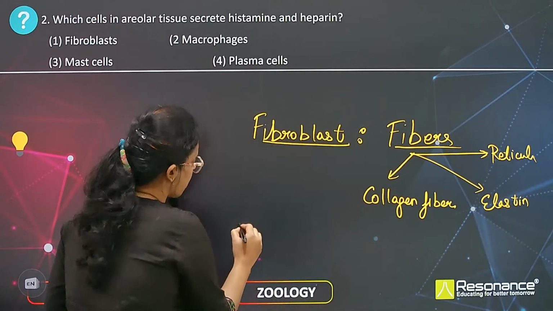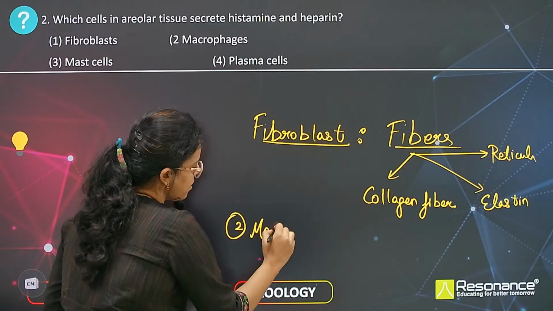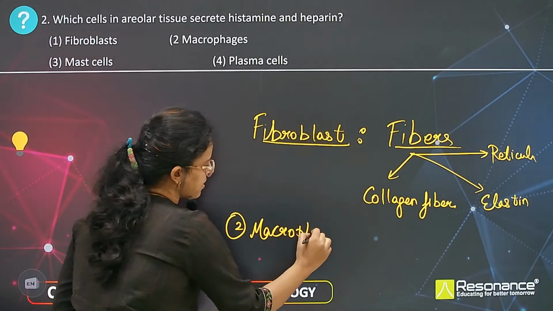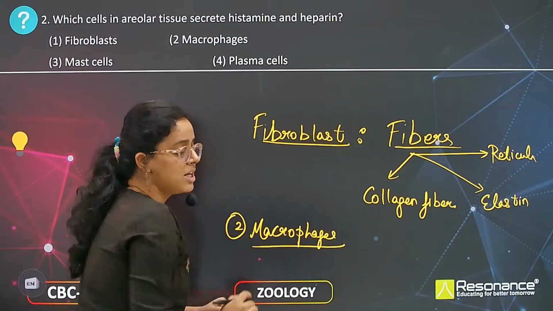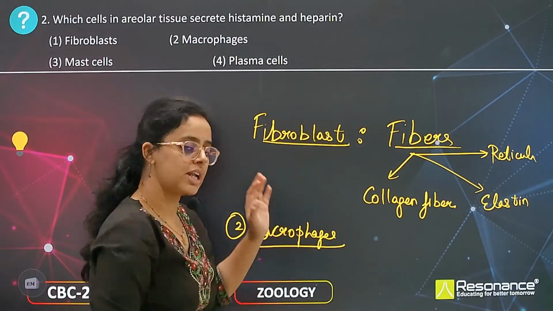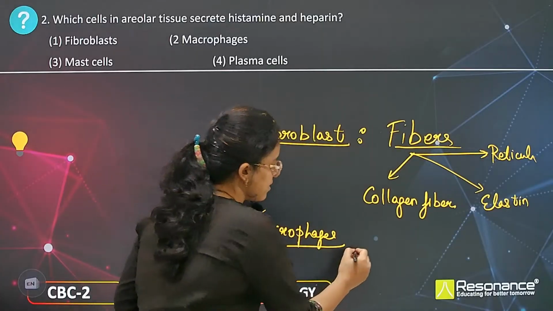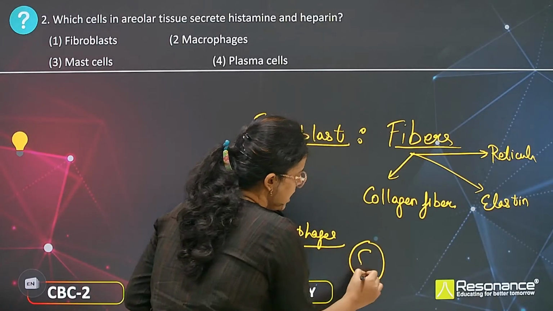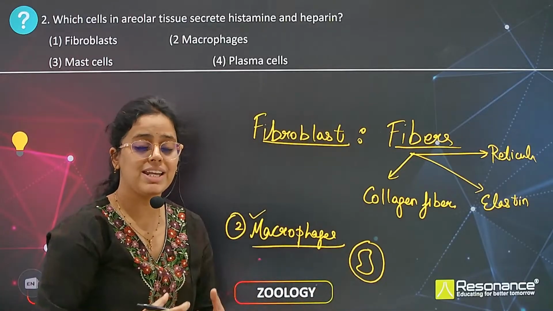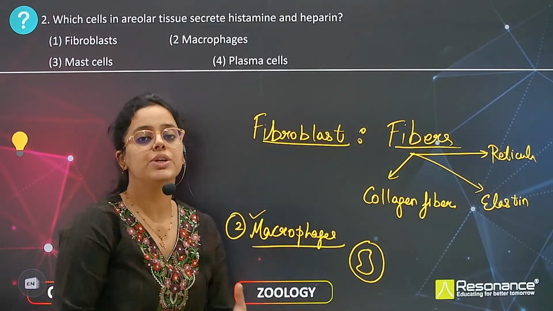Now coming to macrophage, what is its role? You must have learnt in white blood cells that there are types of white blood cells. Macrophages are very large cells. They kill bacteria or any foreign substance entering the body.